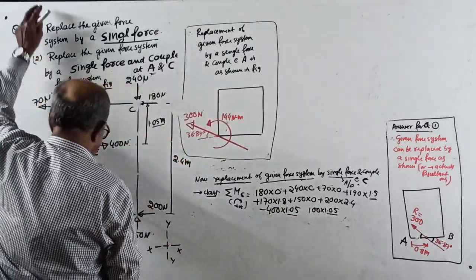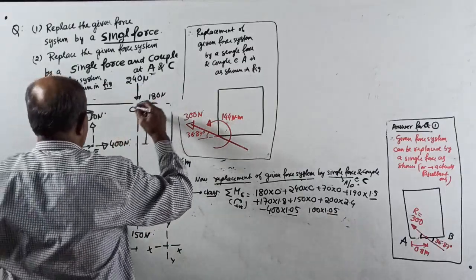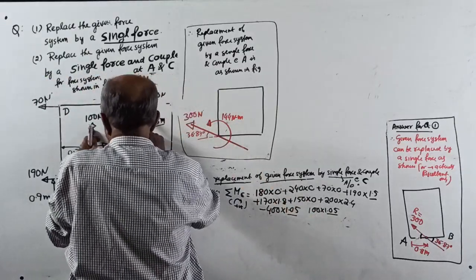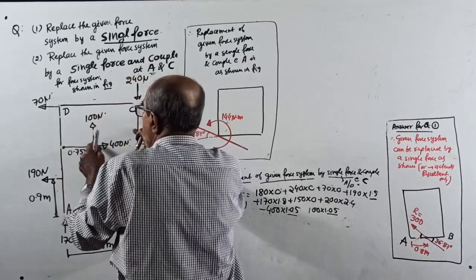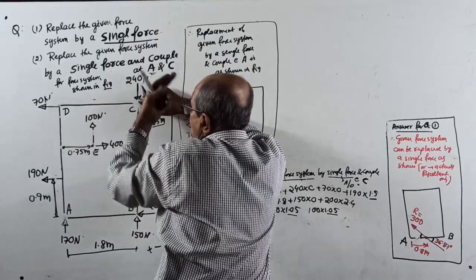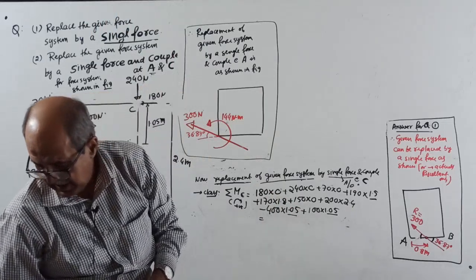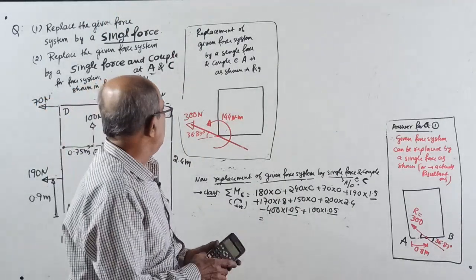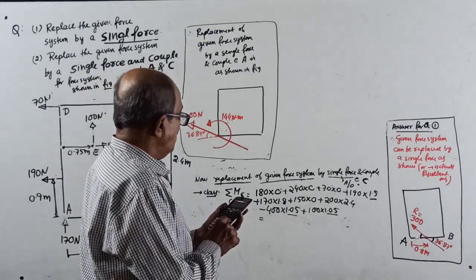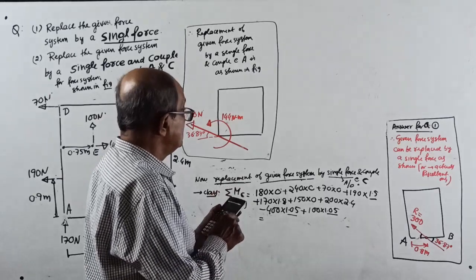This 1.05 is 2.4 minus 0.9. The other one, 100 into 1.05, is 1.8 minus 0.75. This is anti-clockwise, that is clockwise. Actually, I don't have to calculate. If I know this answer, I can get that answer directly. Tricks are there, but first you learn, then go for tricks.